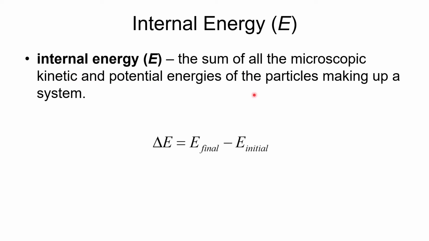We can determine the change in energy of the system simply by figuring out what the internal energy is at the beginning and at the end, and taking the difference between them. We have a special word for this: we call it a state function, and we'll talk about that in just a few minutes. We'll also find that the change in internal energy of our system is equal to the negative of the change in internal energy of our surroundings. So any internal energy that's lost by our system would have to be gained by the surroundings, and vice versa.